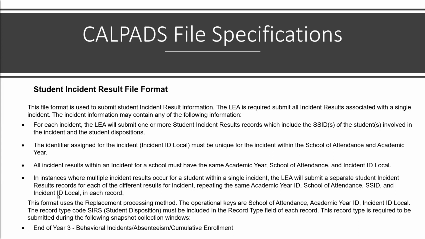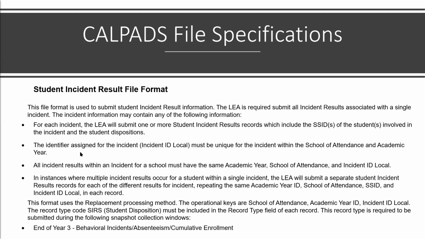Although in instances where multiple incident results occur for a student with a single incident, the LEA will submit a separate student incident results record for each of the different results. So there you go again. A student is not limited to a single result. You should, in fact, submit all the results. So if a student is suspended and expelled, you should submit an incident result record for each of those results, okay?